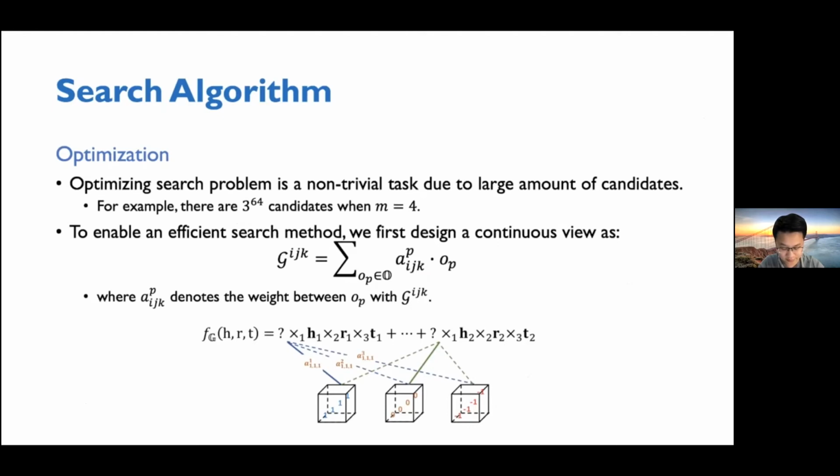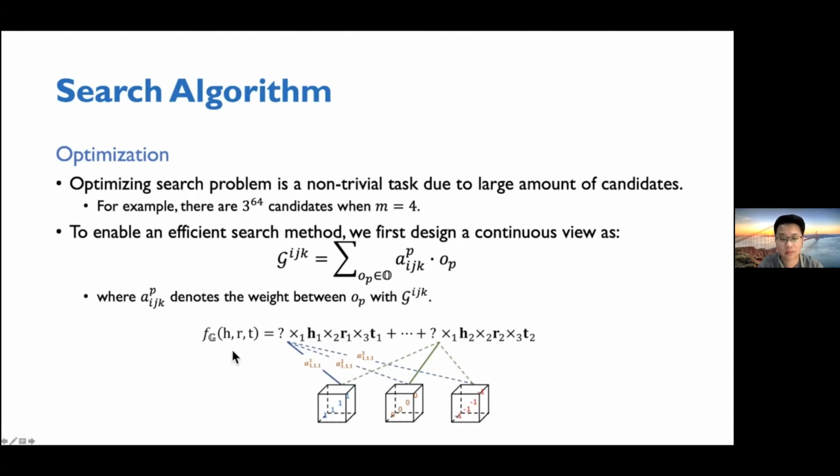It is hard to search for a suitable one from so many candidates. Thus, to enable an efficient search method, we first design a continuous way in this form. Generally, here is an illustration.